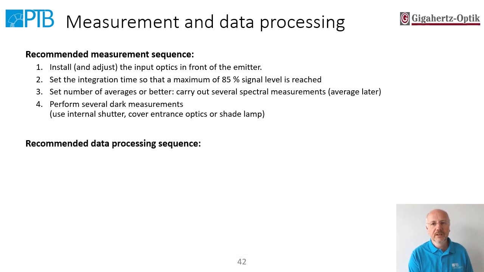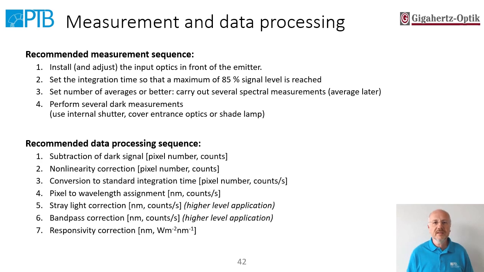The data processing then takes place in several steps. First, the dark signal is subtracted from the measurement signal. Then the correction with the nonlinearity is carried out using the previously determined polynomial. Then a normalization with respect to the integration time is carried out, followed by the wavelength assignment for the pixels.